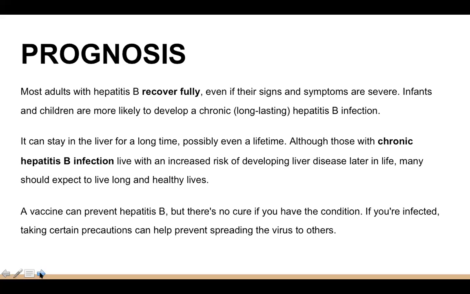Although those with chronic hepatitis B infection live with an increased risk of developing liver disease later in life, many should expect to live long and healthy lives. A vaccine can prevent hepatitis B, but there's no cure if you have the condition. If you're infected, taking certain precautions can help prevent spreading the virus to others.